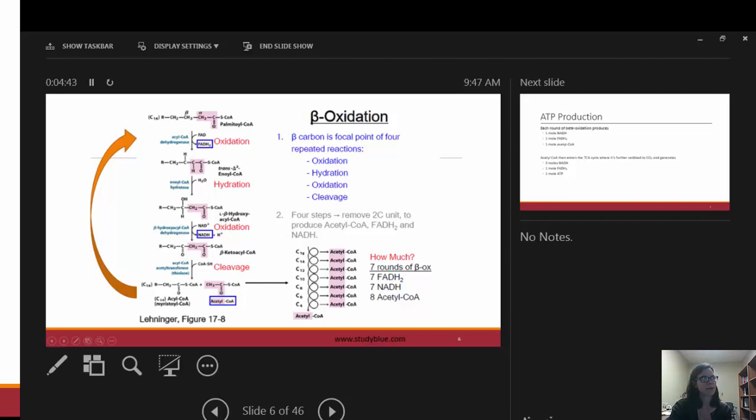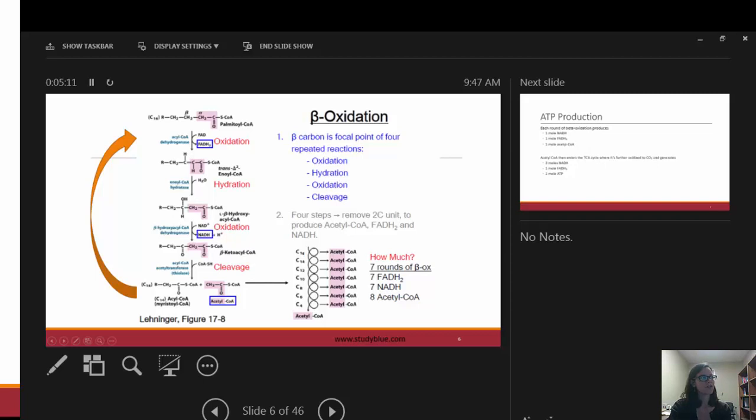Okay, so we're taking some of the hydrogens off of here, placing them on the FADH2. Then we have hydration. Then we have another to produce beta-hydroxyacyl-CoA here. Then we have another oxidation step with a dehydrogenase enzyme to produce an NADH. And then in our last step, we have the cleavage of this beta-ketoacyl-CoA, okay?